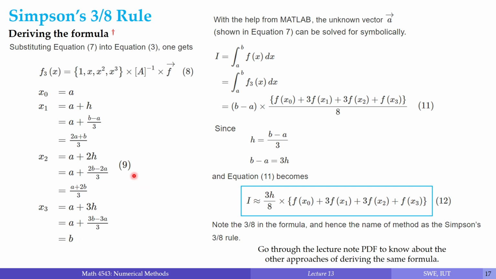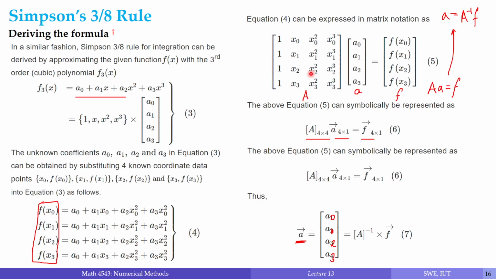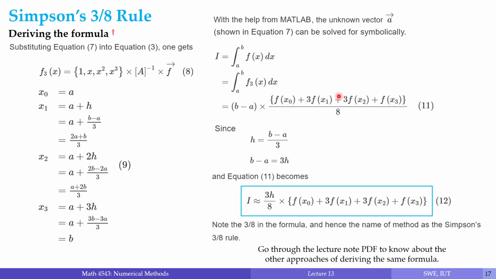Fine. So now that we know the values of x0, x1, x2, and x3 in symbolic format, we can plug them into this matrix over here and come up with an expression that gives me the values of a0, a1, a2, and a3. Of course, I have skipped that step over here because that will be a very long series of calculations.